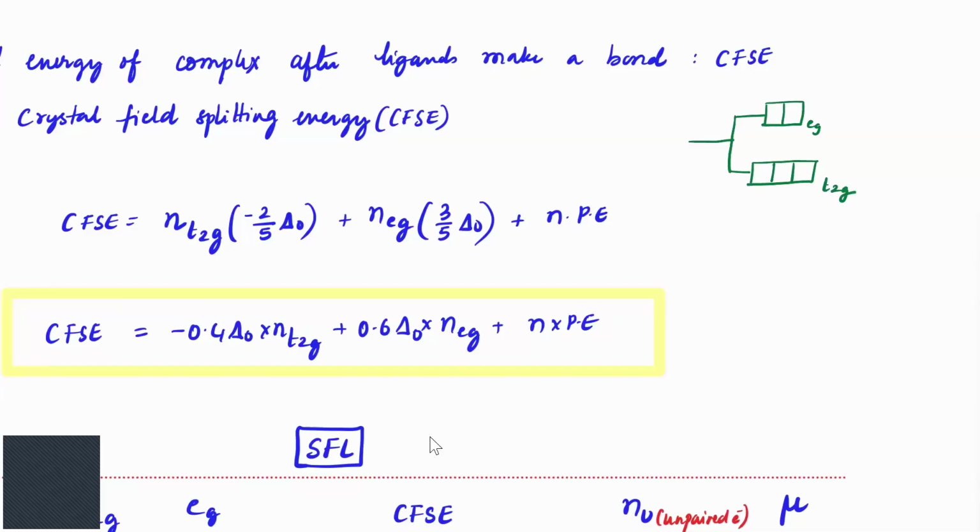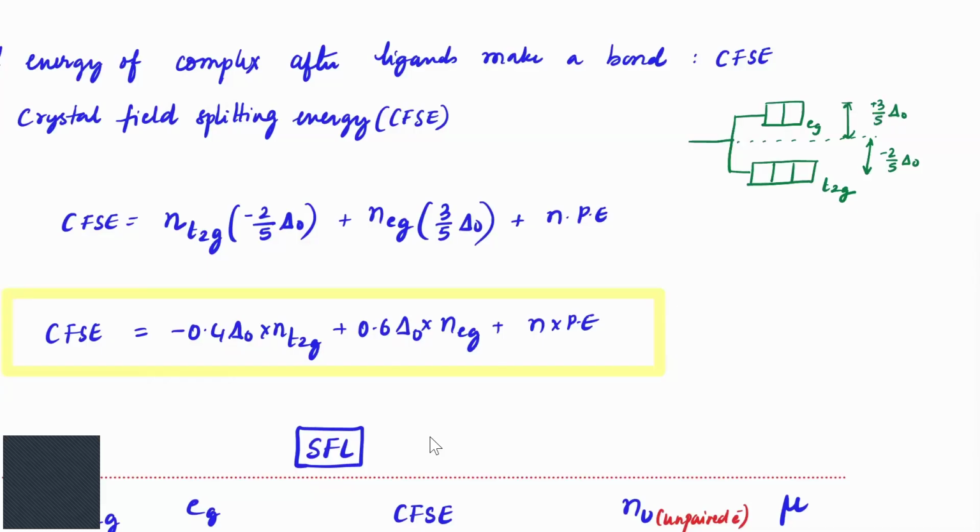Okay, clear? And from this barycenter, we know that the decrement in the energy is minus 2 by 5 times delta naught, while here the increment in the energy is plus 3 by 5 times delta naught.